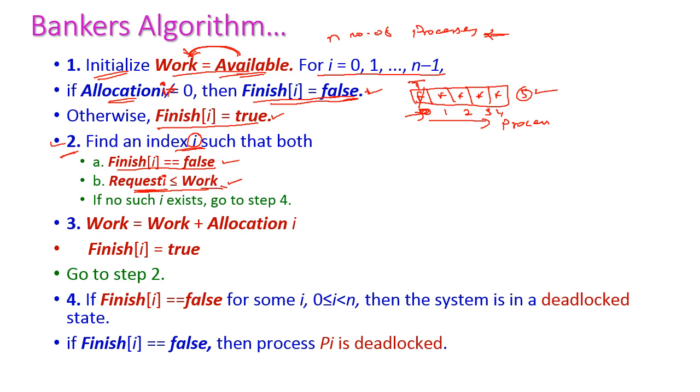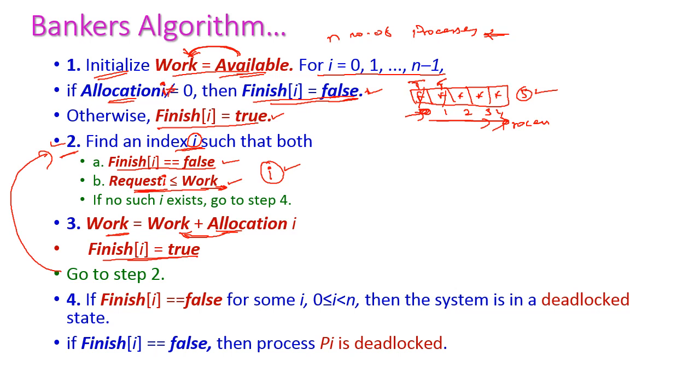Work means the currently available resources. If it is less, then this process i will be executed successfully, and the allocated resources will be added into the current work. Then finish of i will be changed to true. These two steps will be repeated until we complete all the processes.